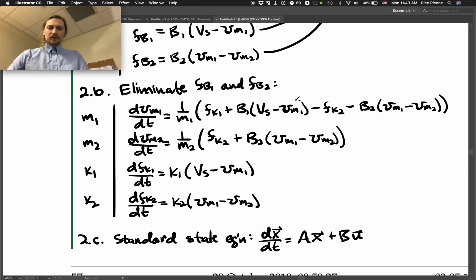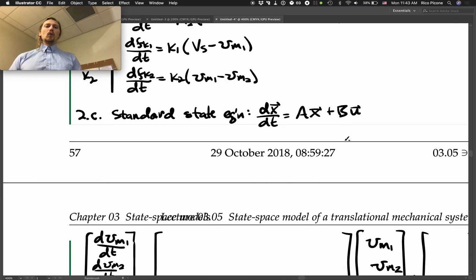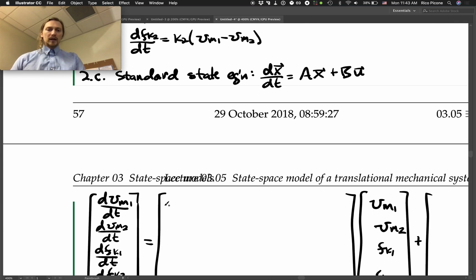Ooh, I'm back. Vm1 is there and there. So it picks up a negative b1 from this term and a negative b2 from this term. And they're summed together and divided by m1. So we get negative b1 plus b2 divided by m1 times Vm1.